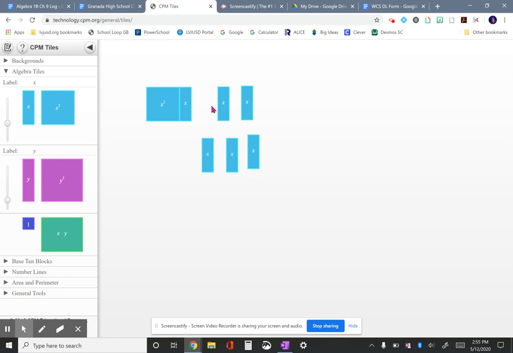In order to make a square, the dimensions would have to be the same for the length and the width. So I don't want to put this here, because if I start putting these down here, that would end up being a rectangle if we were to fill this in.